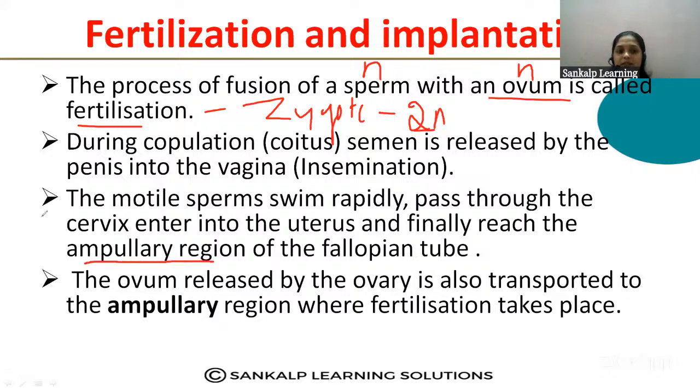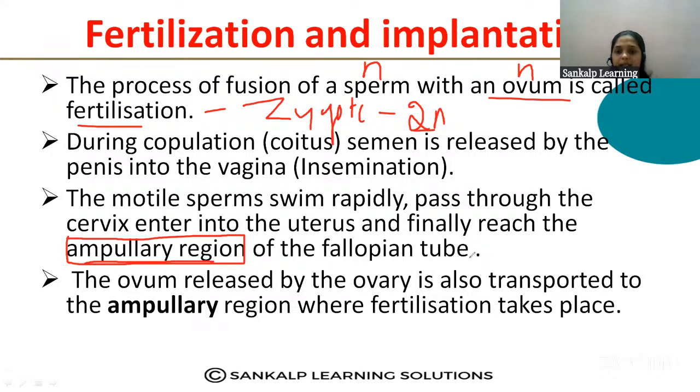The ampullary region is the largest part of the oviduct, and this is an important point: the fusion of the male and female gametes takes place at the ampulla region of the fallopian tube.